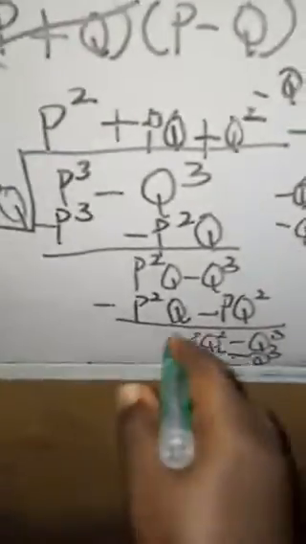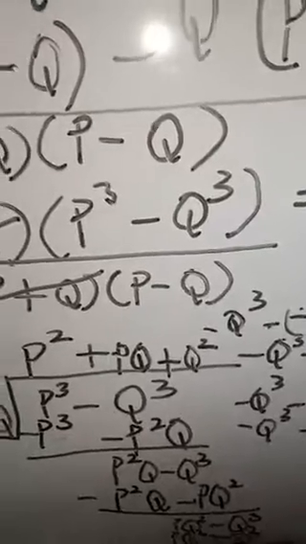If you subtract these, we are going to get 0. So therefore, the division p cube minus q cube all over p minus q is equal to p square plus pq plus q square.